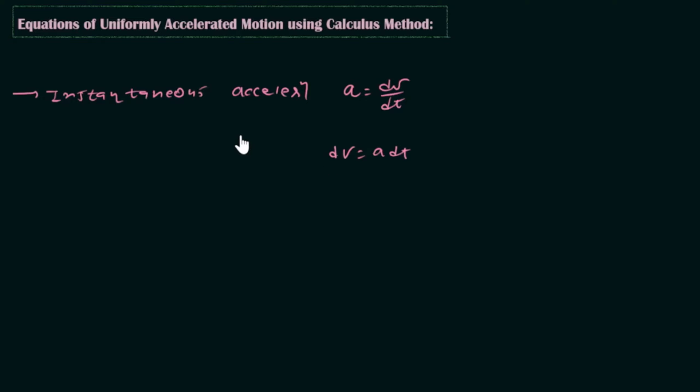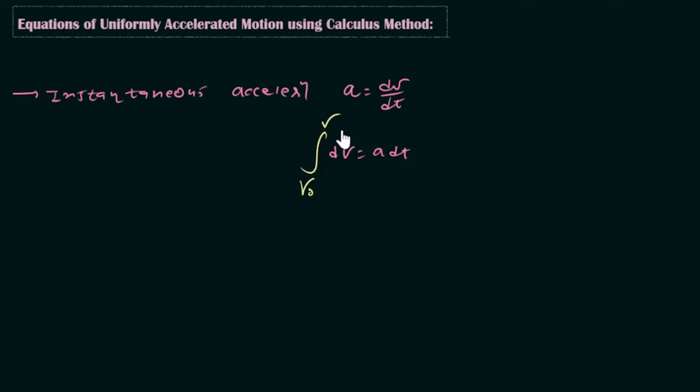Basically, the instantaneous acceleration is a equals dv by dt. Okay, dv equals a dt. Now I'll integrate this equation from v naught to v, and the time interval is from 0 to t.